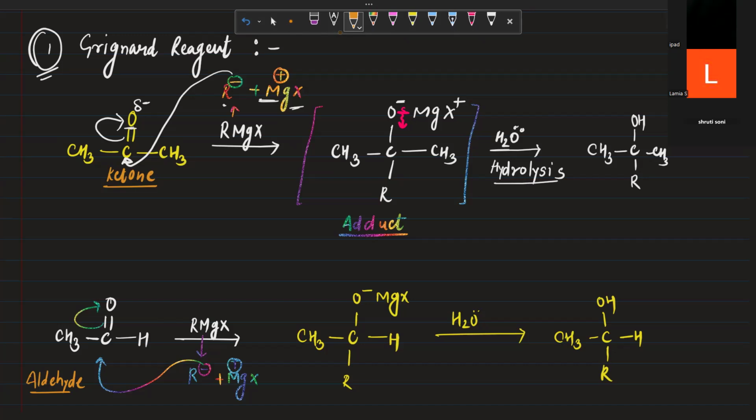The only difference is the CH3 group versus the H group on the right side, right? So can I say that if I use ketone, I get a tertiary alcohol, and in the case of aldehyde, I get a secondary alcohol.